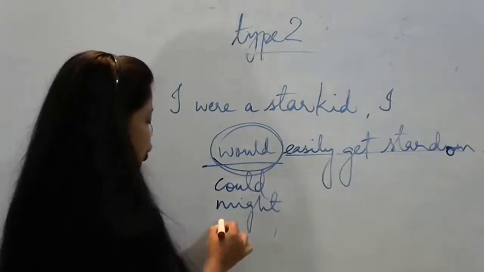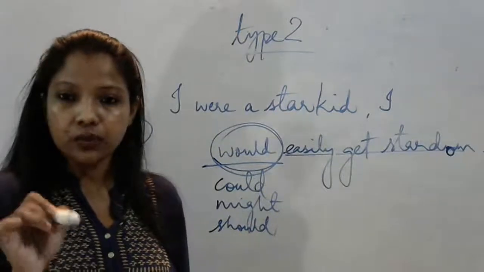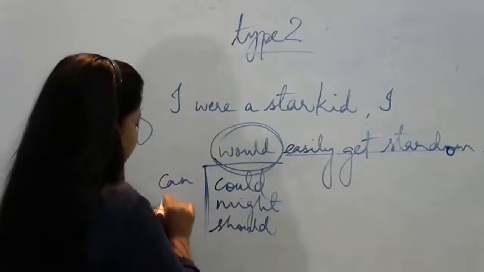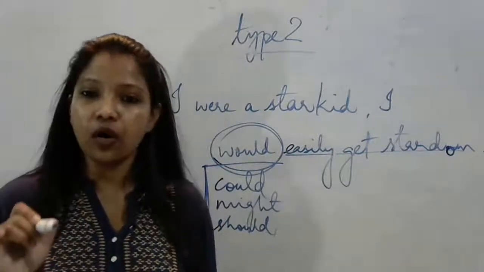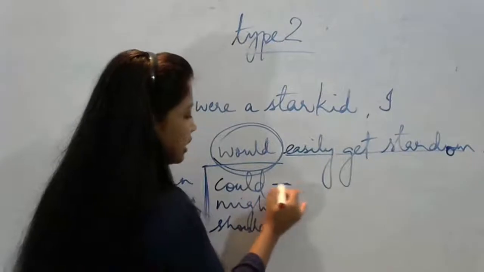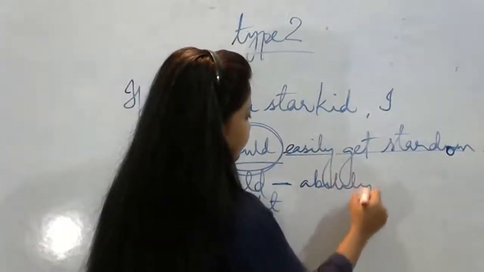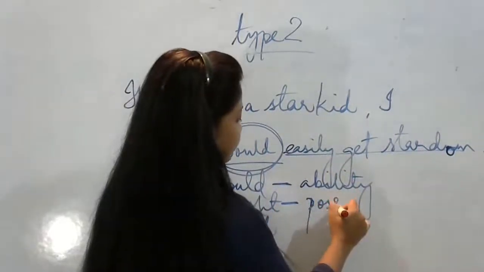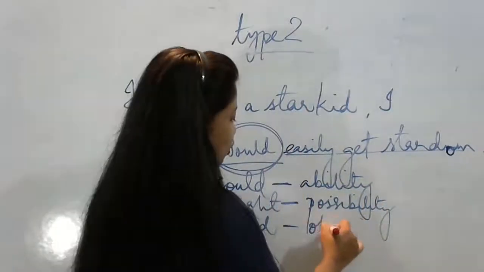You can also replace it with should. Now, if you observe, these are the past tense, like this is the past tense of can, past tense of may, past tense of shall. See, the sentences will all be correct, but the difference is the meaning of the modal. If I say could, I'm talking about ability. If I say might, I'm talking about possibility. If I say should, I'm talking about obligation.